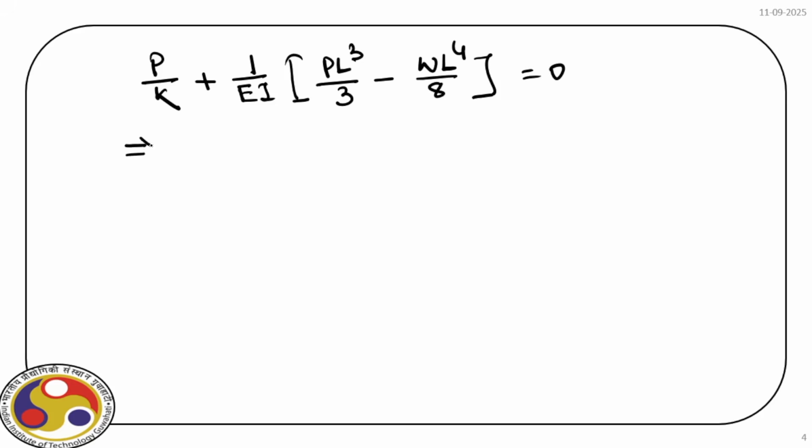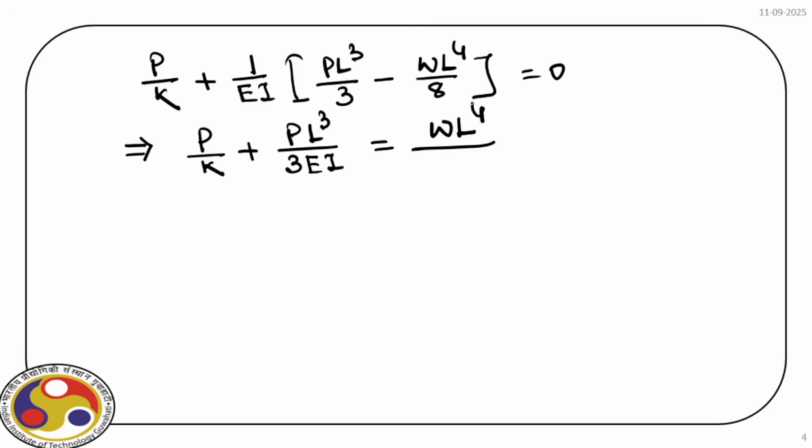So what we can do is simplify this quantity. So P by K plus PL cube divided by thrice EI is equal to omega L to the power 4 divided by 8 EI.